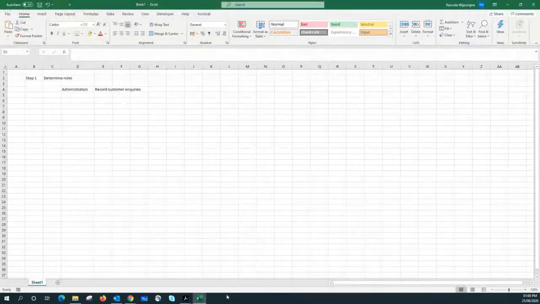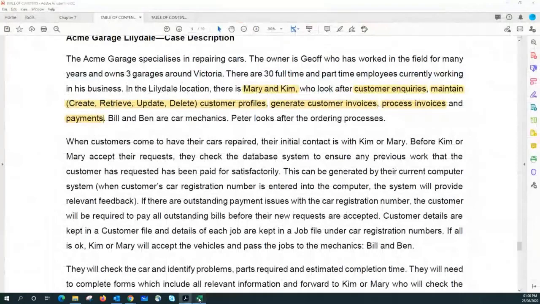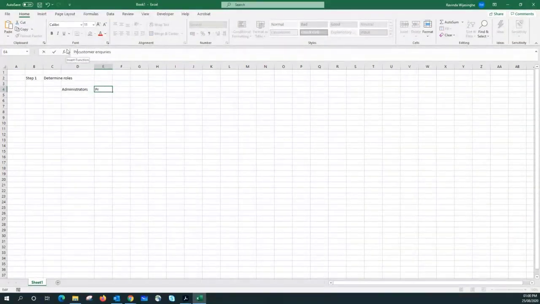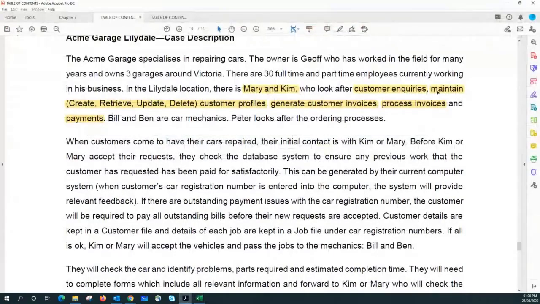So one use case, record customer inquiries, or rather than record customer inquiries, you can say process customer inquiries. And then maintaining the customers. So rather than having create customer, retrieve customer, update customer, delete customer, I just write one use case to handle all 4 instances.